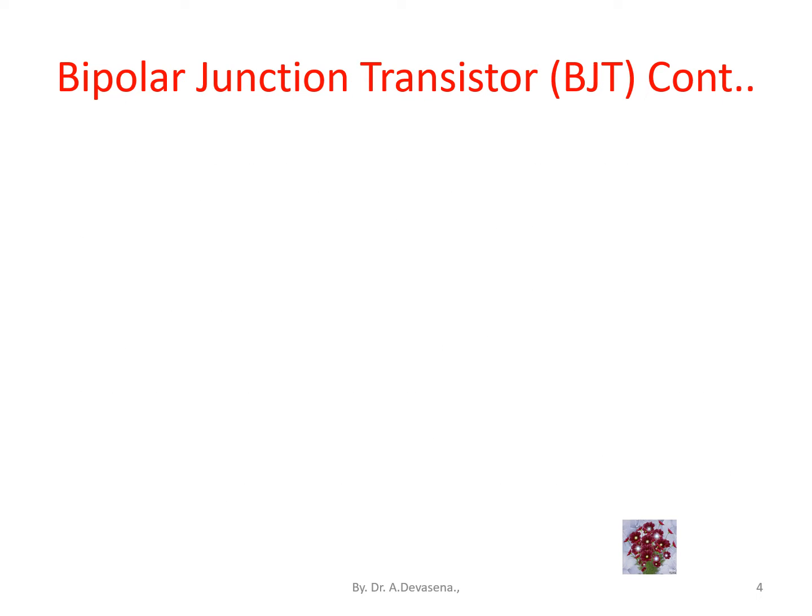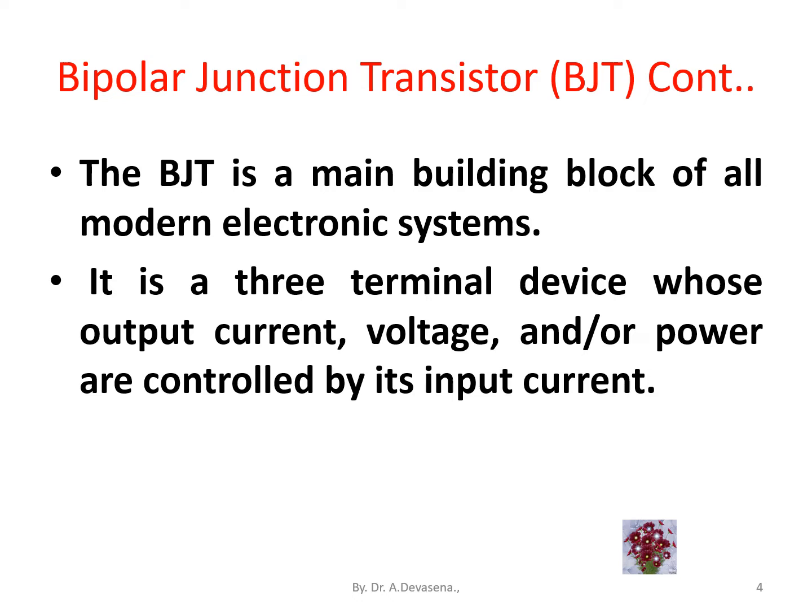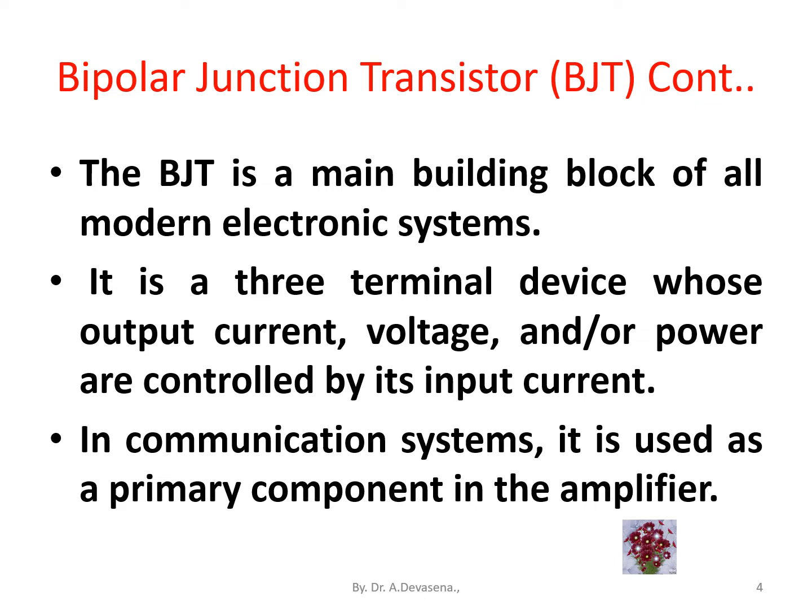The BJT is a main building block of all modern electronic systems. It is a three-terminal device whose output current, voltage and/or power are controlled by its input current. In communication systems, it is used as a primary component in the amplifier.